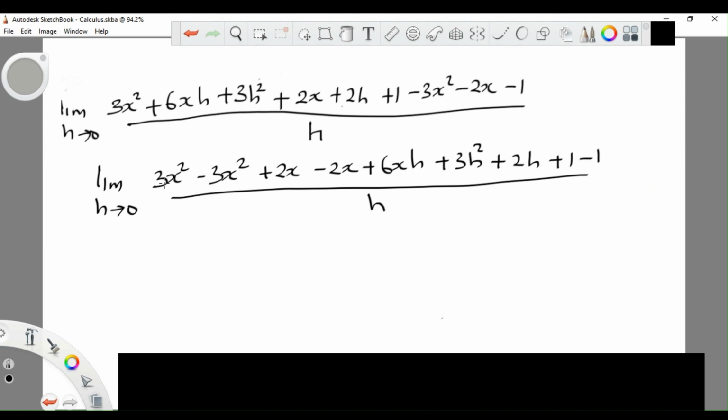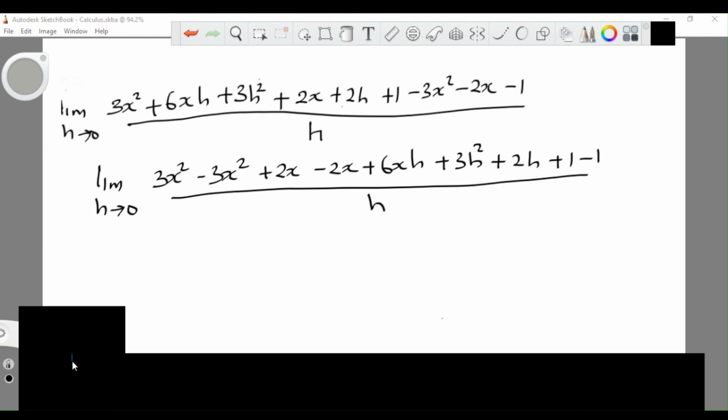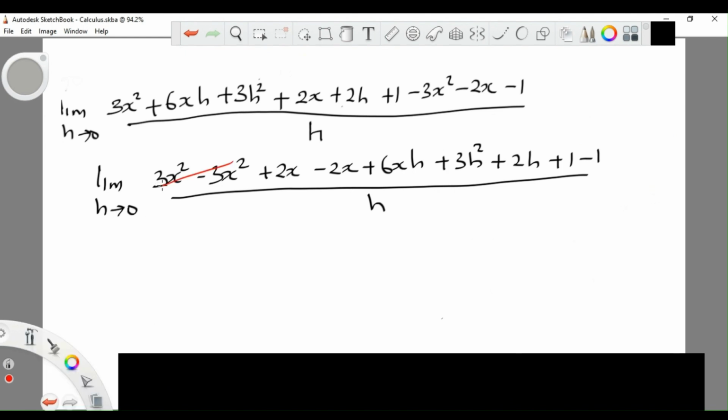So 3x squared minus 3x squared gives us 0, plus 2x minus 2x is 0, plus 1 minus 1 is 0. So what we have on our numerator is 6xh plus 3h squared plus 2h over h.